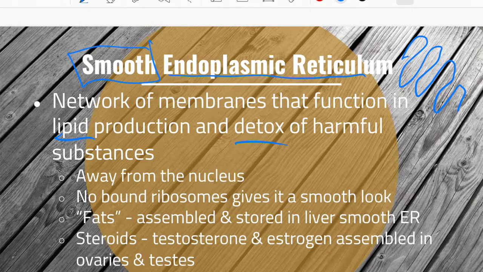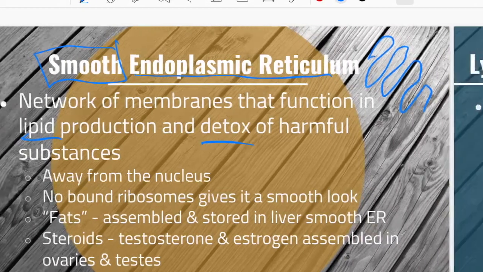They are away from the nucleus, so they're not connected to the nucleus like the rough endoplasmic reticulum. They don't have ribosomes. They help to assemble fats. These fats can be used in the cell membrane. They help to assemble testosterone and estrogen and things like that. And they also help to detox, like alcohols and stuff from your body.